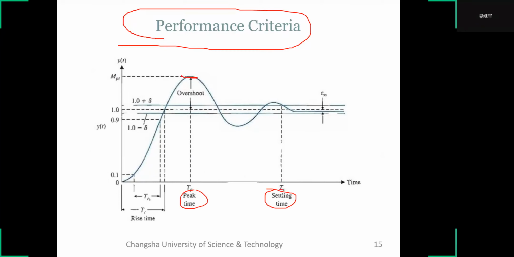The settling time means the response stays in this zone, and we call it the settling time. Here is the rise time. The response goes from 0 to 1, and the time it takes we call the rise time.